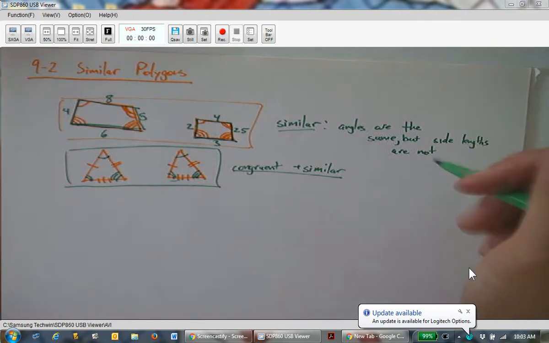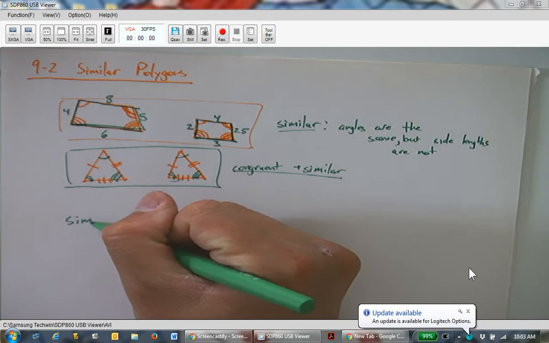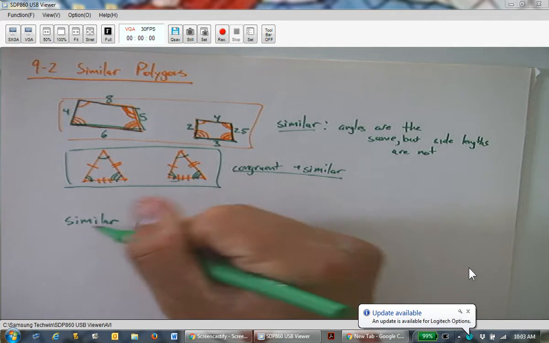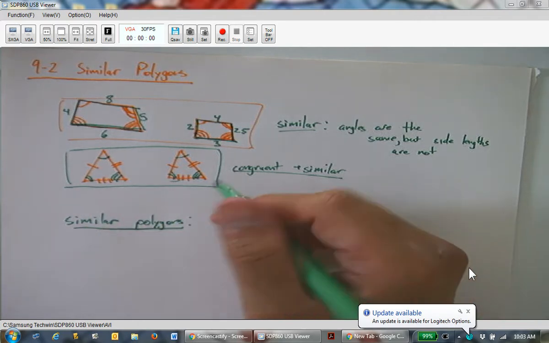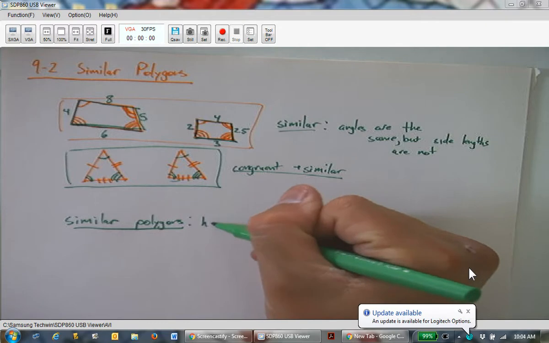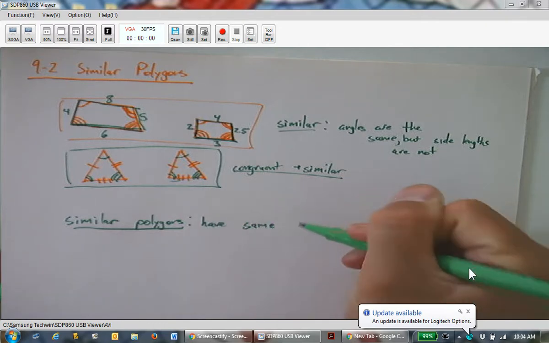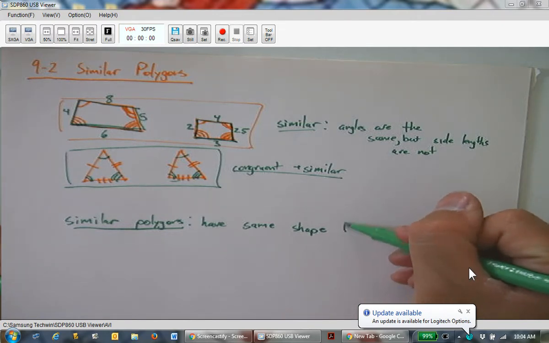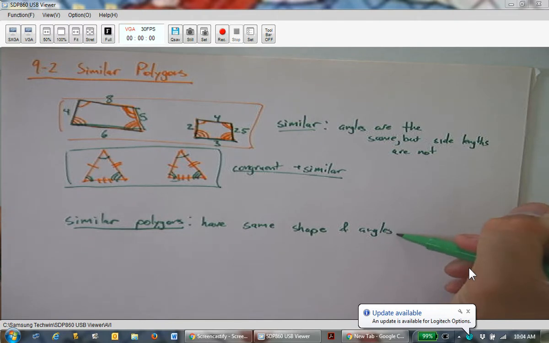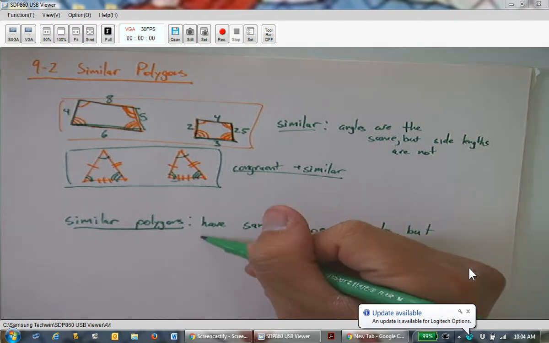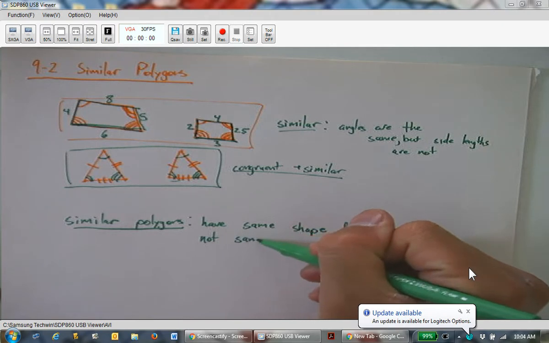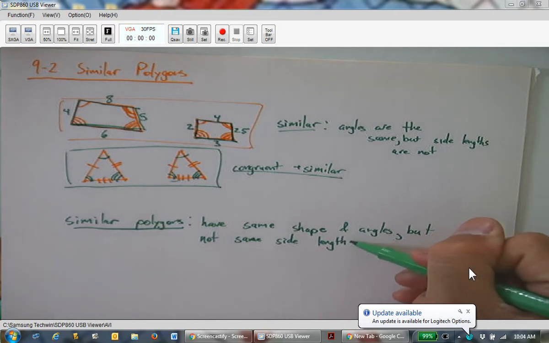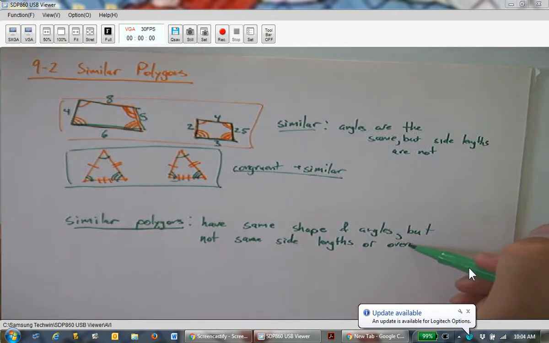So what we can say about similar polygons, actually, anything that has more than one side, excluding a circle, basically: they have the same shape and angles, but not the same side lengths or overall size.